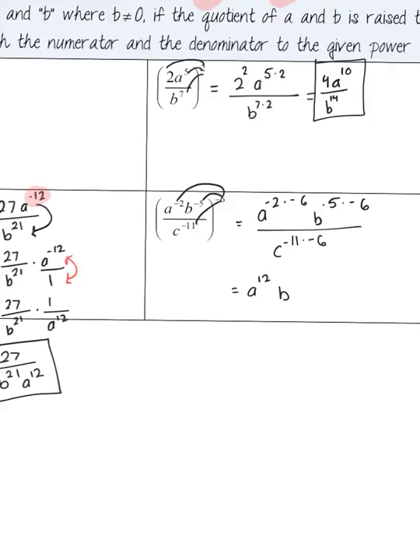Negative 5 times negative 6 is positive 30. On the bottom, negative 11 times negative 6 is positive 66. This problem doesn't have any negative exponents. All of my bases are different. They're a, b, and c. So there's no further simplification I can do. So you're just going to leave your answer like this.